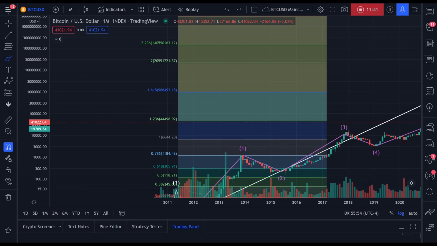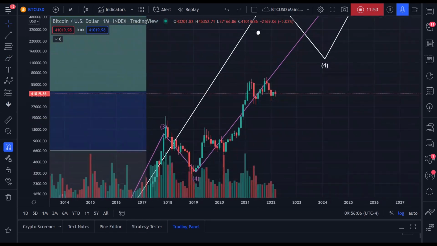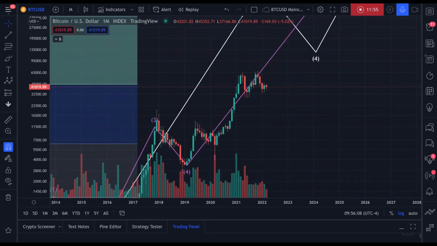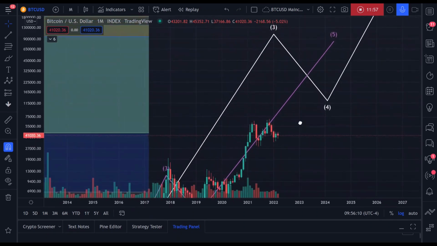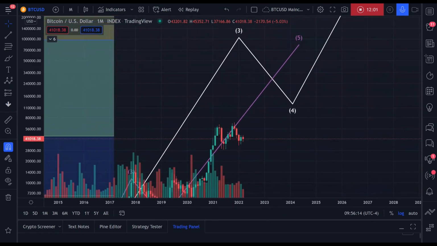So that's why I'm seeing $1 million Bitcoin minimum, because that is the target of the 1.618. And we are currently, according to my read, in wave 4 of 5 of the third wave of the larger degree, okay?